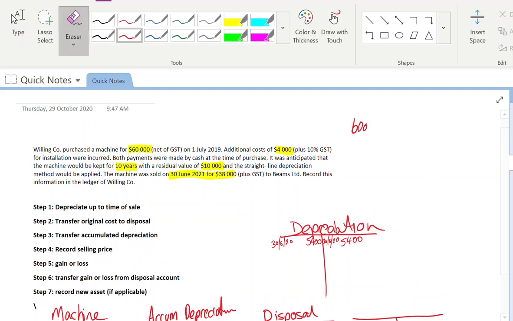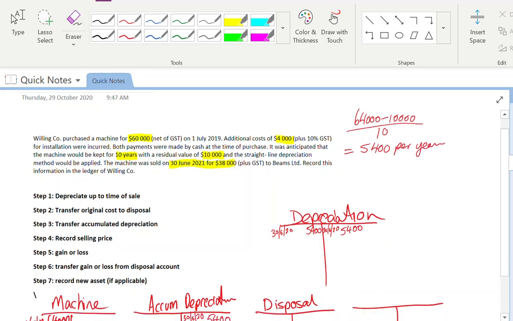It's actually $64,000 because we include the installation. $64,000 minus the residual value, which is $10,000, divided by the lifespan, which is 10 years, equals $5,400 per year of depreciation. That is a full 12 months of depreciation.